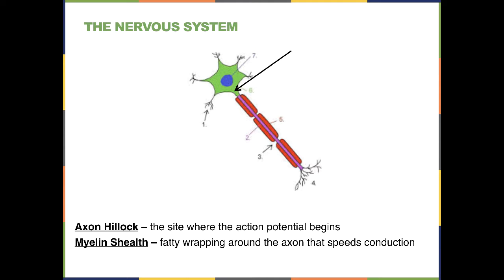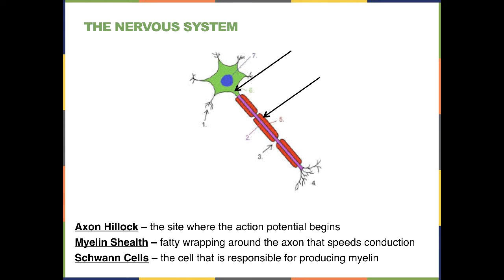The purpose of the myelin is to speed conduction, and we'll talk about how that happens in just a minute. And the red here is the myelin sheath with the axon inside the myelin sheath. And think of it literally as the insulation around a wire.